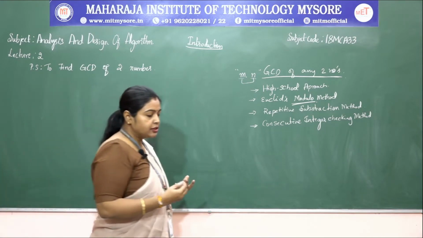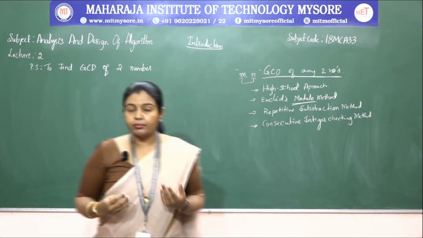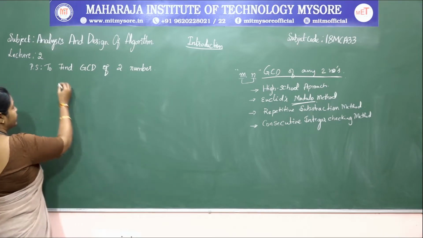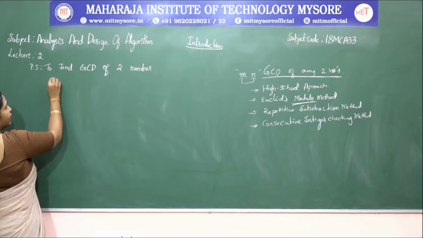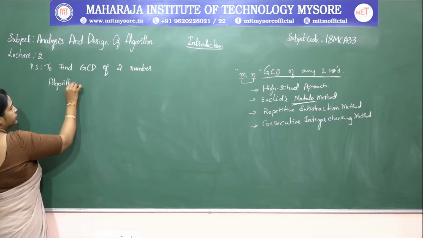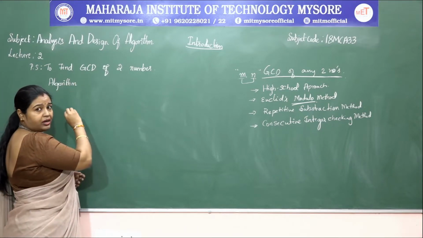As we discussed in the last class on how to write the algorithm, if you remember, the first step is to start with the keyword algorithm, right? Algorithm. Then we need to write the algorithm name, what it is computing.